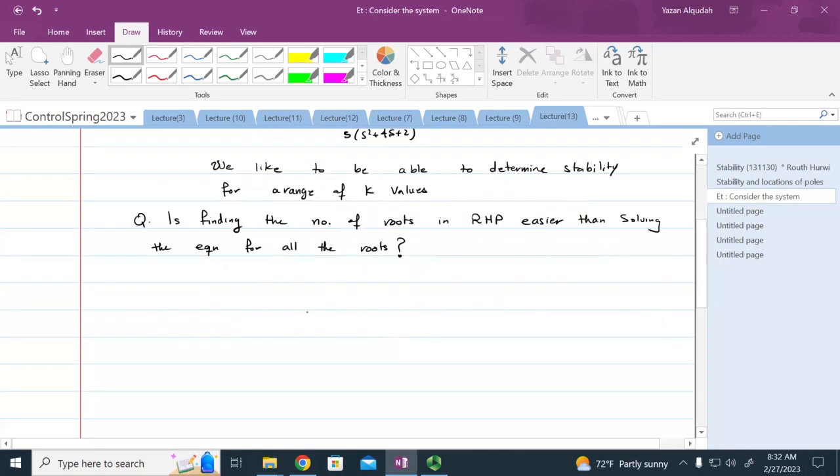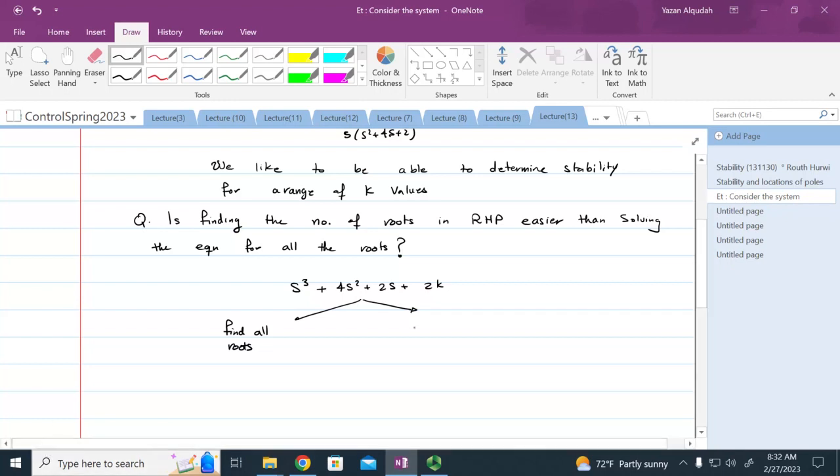So what we're saying is, if we are given this characteristic equation, s cubed plus 4s squared plus 2s plus 2k, we have two choices. We can find all the roots. Of course, if we have MATLAB, that should be easy, but if you're doing it without the computer, that is going to be tedious.